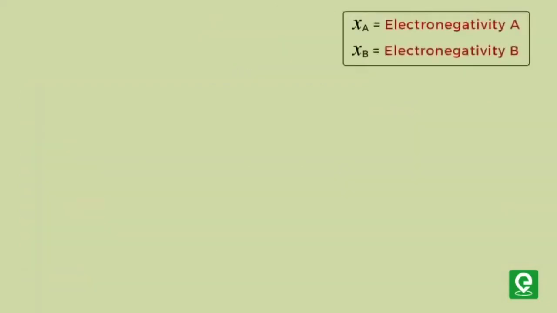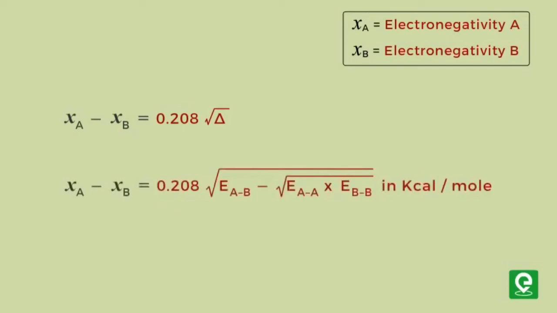The electronegativity value for other elements is calculated using the formula Xa minus Xb equals 0.208 times the square root of delta, where Xa and Xb are electronegativity values of element A and B, and delta is calculated using the following formula.